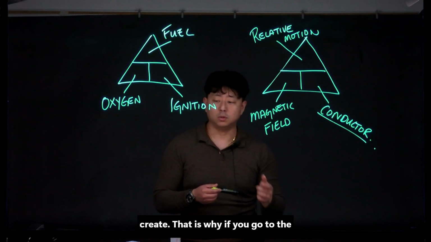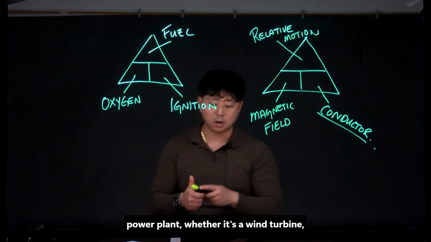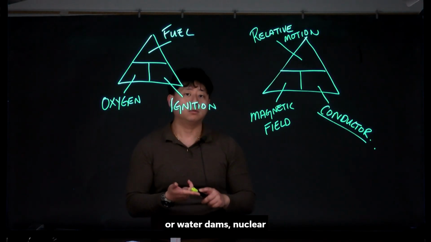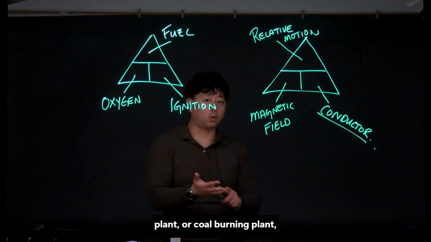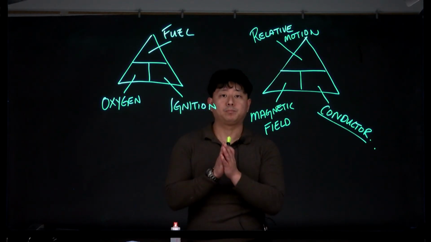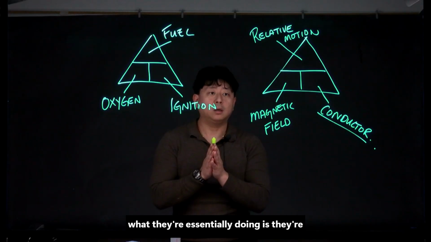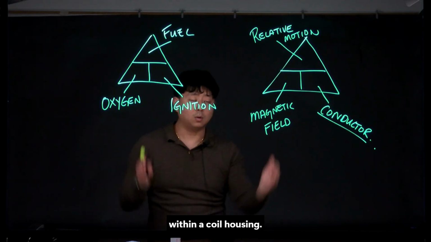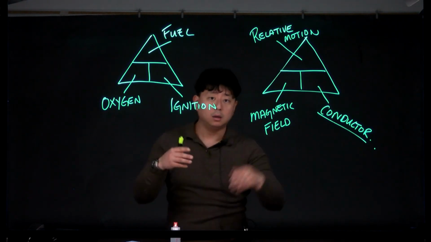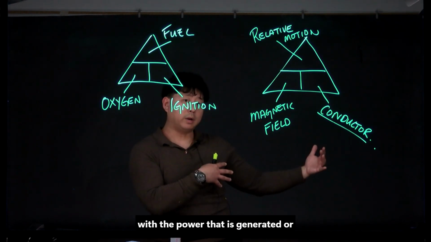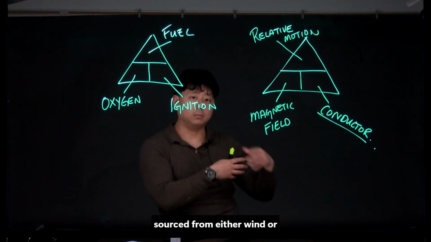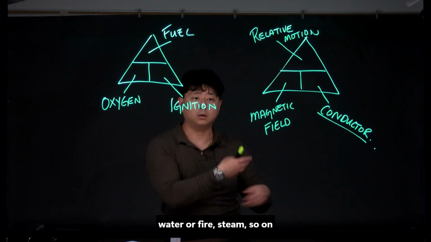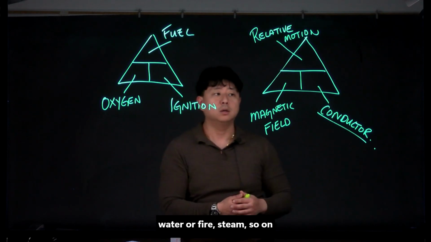That is why if you go to the power plant, whether it's a wind turbine or water dams, right, nuclear plant or coal burning plant, what they're essentially doing is they're turning the magnet within a coil housing with the power that is generated or sourced from either wind or water or fire, steam, and so on and so forth.